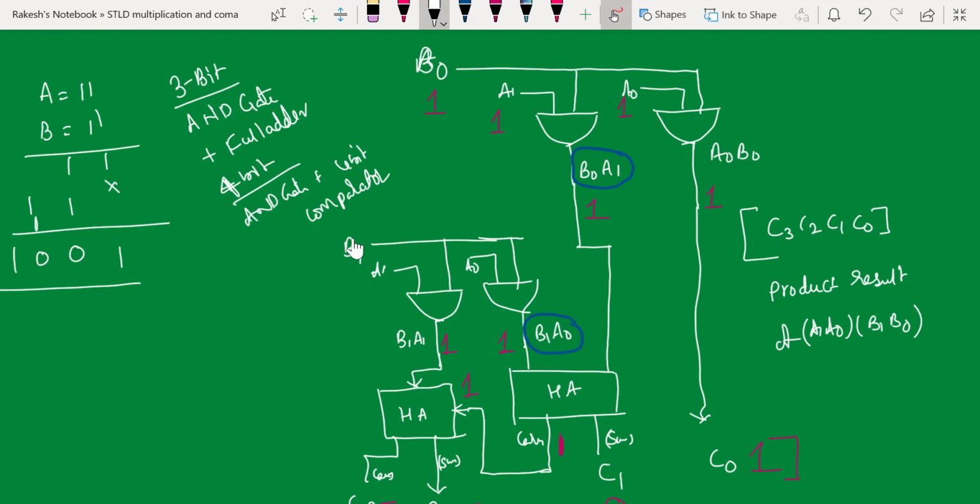Now I'm going to show you how to design the comparator circuit. Before that you need to understand where we use a comparator circuit. In most cases, comparator circuits are used to monitor a physical quantity.